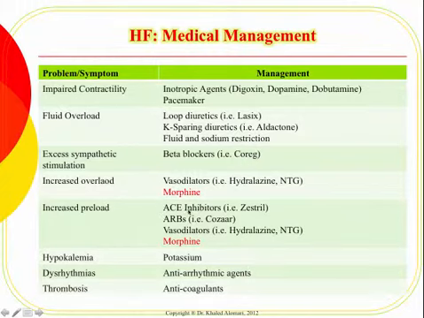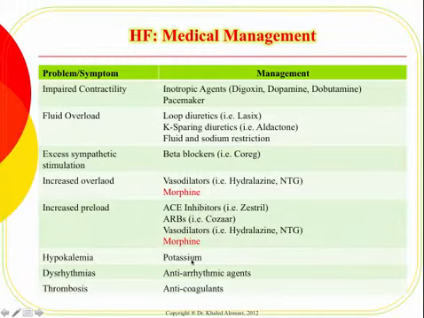It gives a huge help in preventing the hypertrophy or remodeling, or changing in the structure of the ventricles. ARBs are available in case the patient cannot take the ACE inhibitors, whether because of allergy or because of angioedema or cough. Also, vasodilators can help in decreasing the preload, but vasodilators are mainly for the afterload, and also morphine.